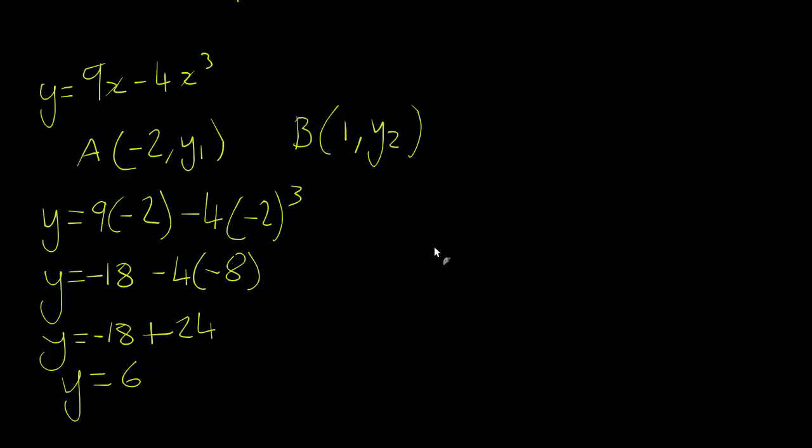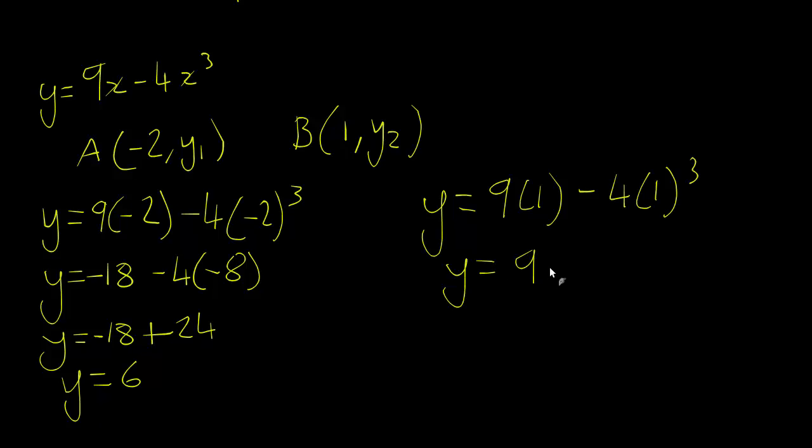And for B, we've got y equals 9 lots of 1 minus 4 lots of 1 cubed. So that's y equals 9 minus, well, 1 cubed is just 1, so that's 9 minus 4. So y equals 5. Oh dear, look, just realised I made a mistake there. At least I spotted it.